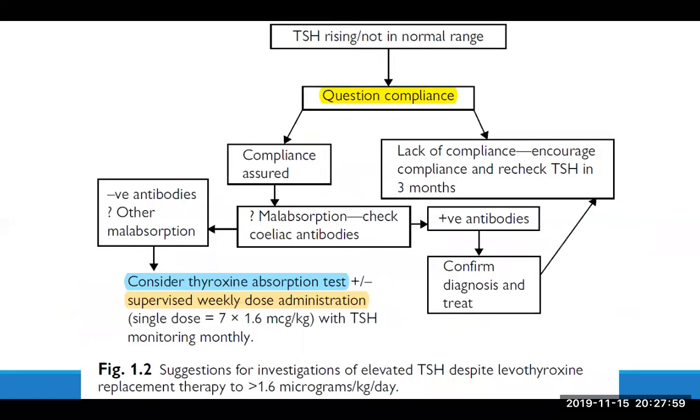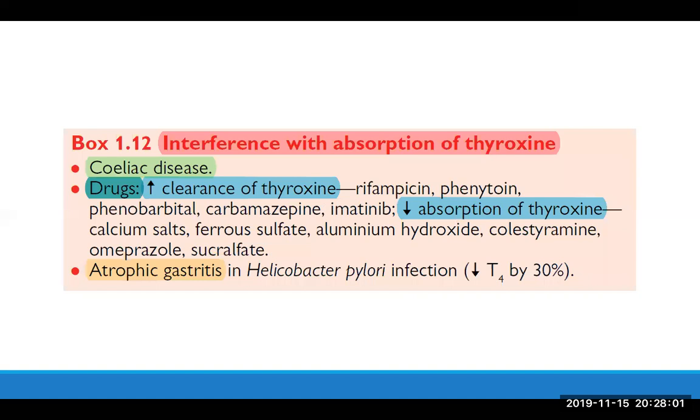As we said previously, there are a lot of drugs that can affect levothyroxine absorption: iron therapy, calcium, which is very important, sucralfate, proton pump inhibitors, H2 blockers. Also other drugs increase the clearance of thyroxine and lead to elevated TSH: rifampicin, every drug that affects cytochrome P450, rifampicin, phenytoin, phenobarbital, carbamazepine.